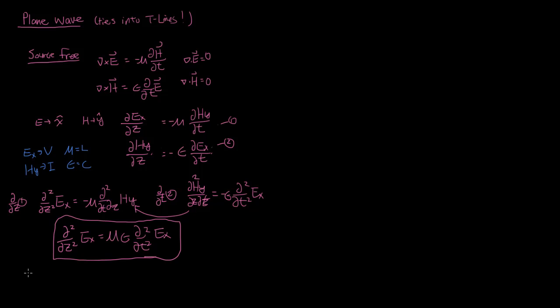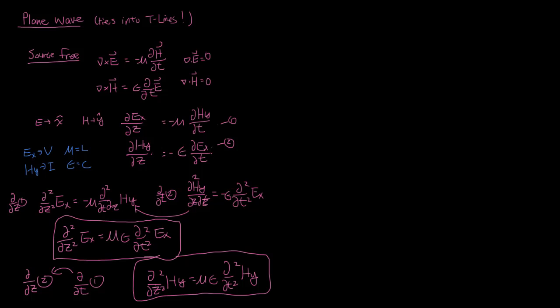Now if I do the same trick but swap the two equations, taking d/dz of 2 and d/dt of 1 and substituting the result over, I get the corollary for the magnetic field: d squared Hy/dz squared is equal to mu epsilon d squared Hy/dt squared.